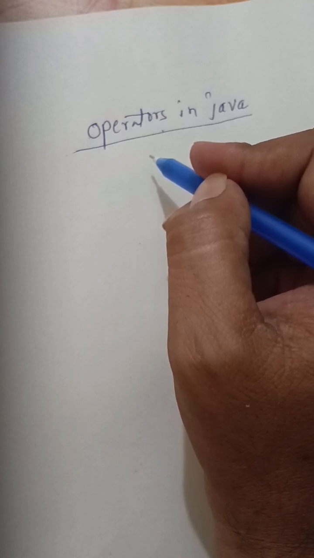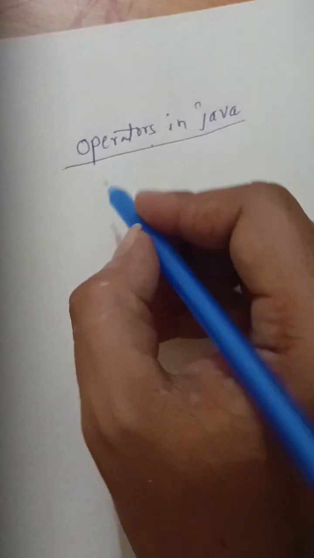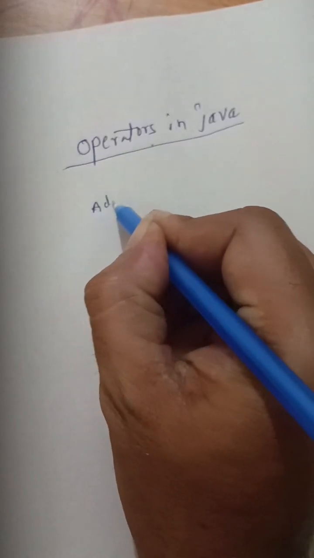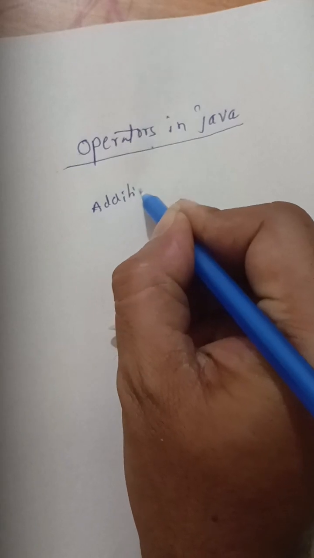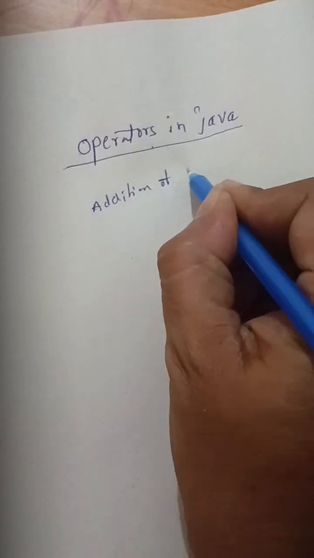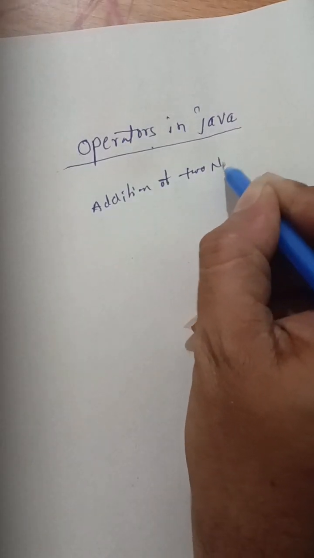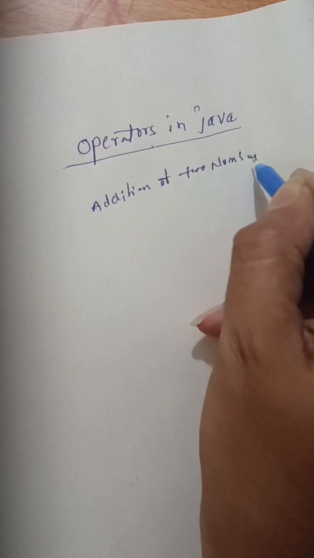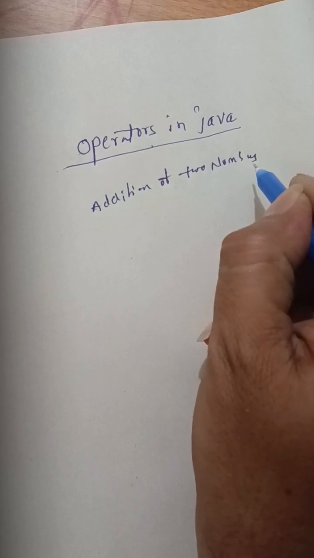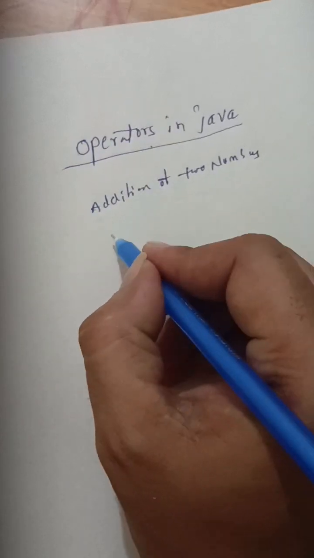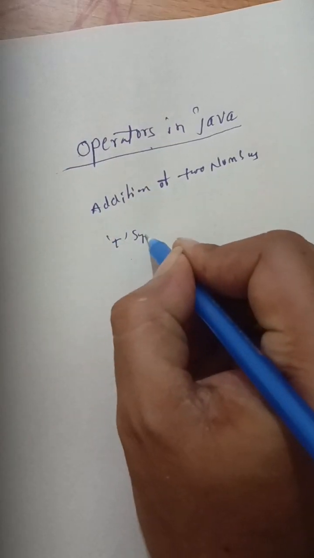For example, the programmer may want to perform addition of two numbers. Addition of two numbers means how can you do it? Just by using this symbol.